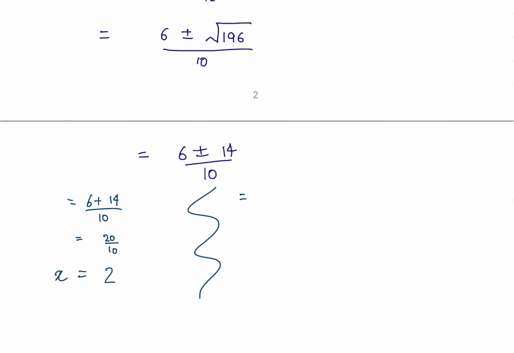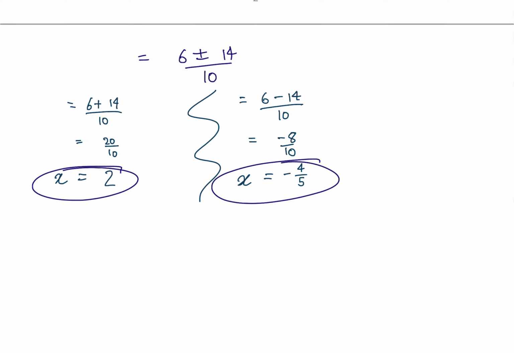Now our second value of x is 6 minus 14 divided by 10. So this gives us -8 divided by 10, which gives us x a value of -4 over 5. So our two values of x are 2 and -4 over 5.